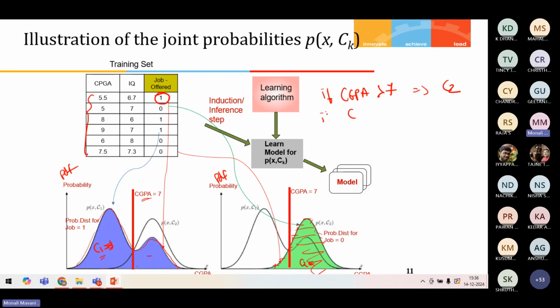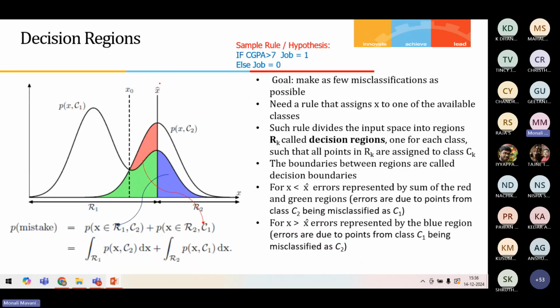And if CGPA is less than 7, then class C1. That's our model's prediction. We don't know if it's accurate or not. So you can see the red line is the decision threshold.